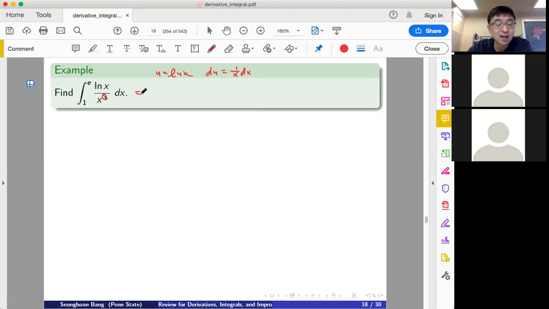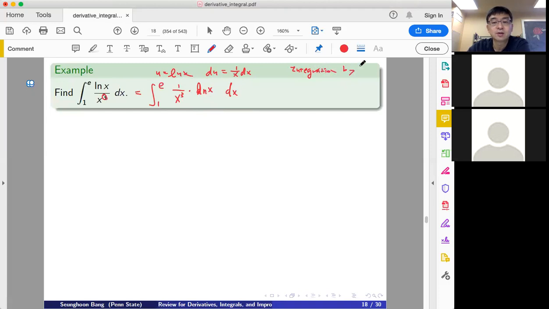Here, 1 over x cubed is the algebraic function and the logarithm is the transcendental function. That's the reason we can use integration by parts.